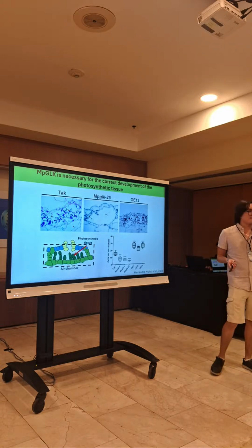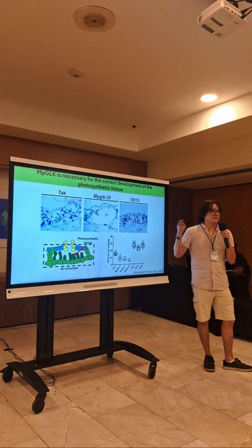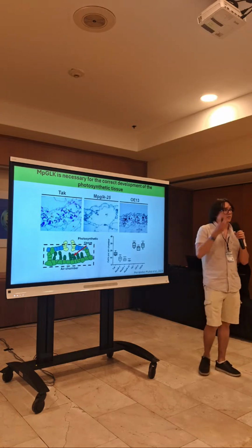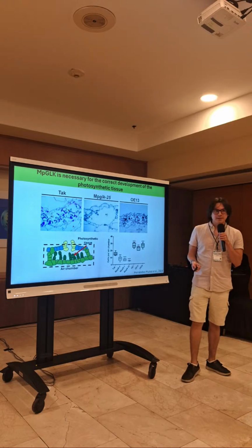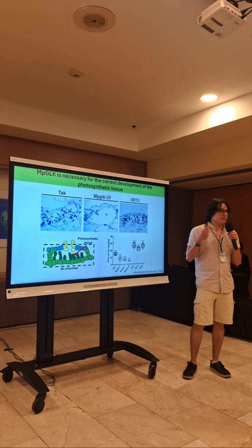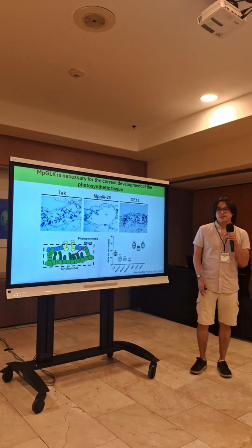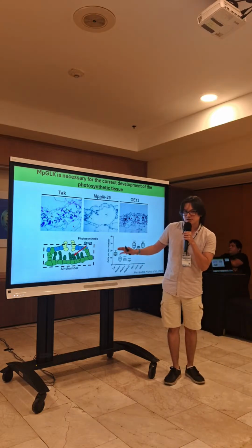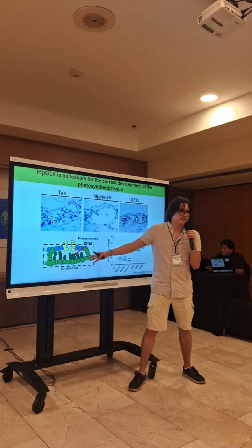An additional aspect we decided to tackle was the development of the photosynthetic tissue. This is because when chloroplast development is affected in eudicots, you see defects also in the development of the photosynthetic tissue. And in Marchantia, the photosynthetic tissue is inside these hollow chambers, which are called air chambers.